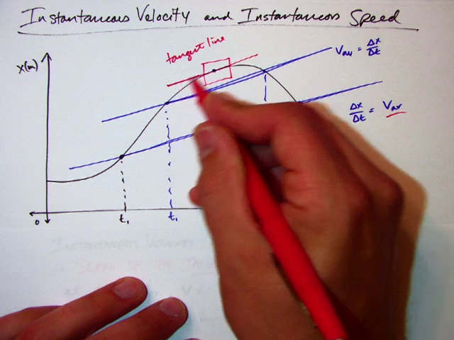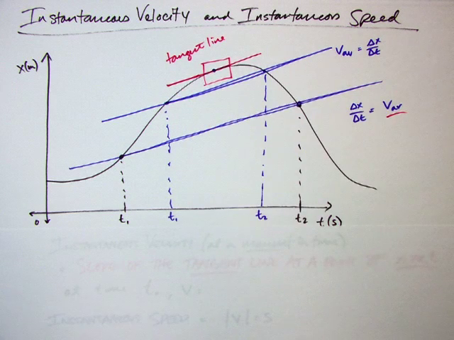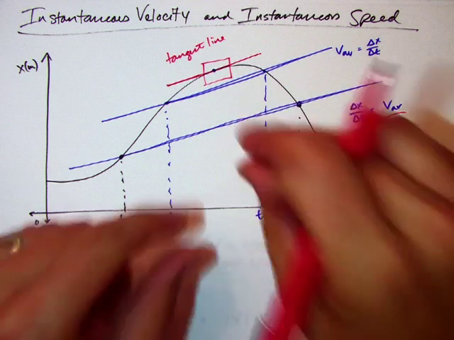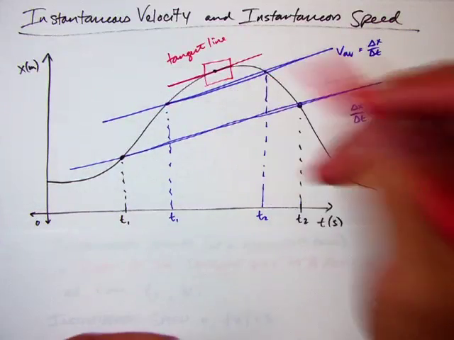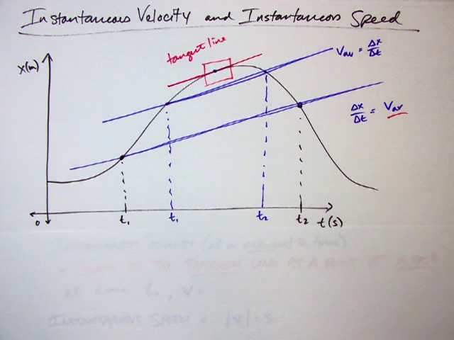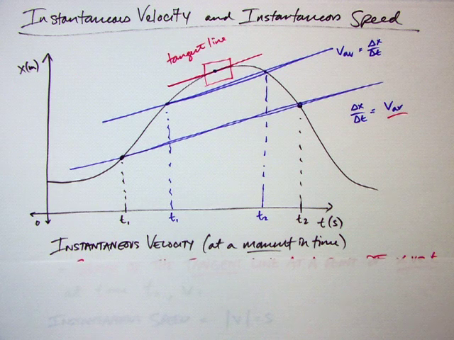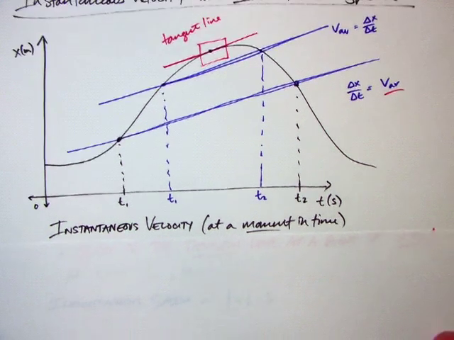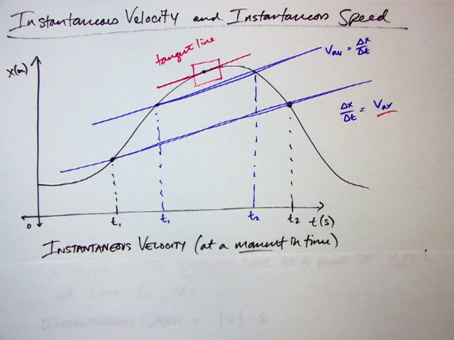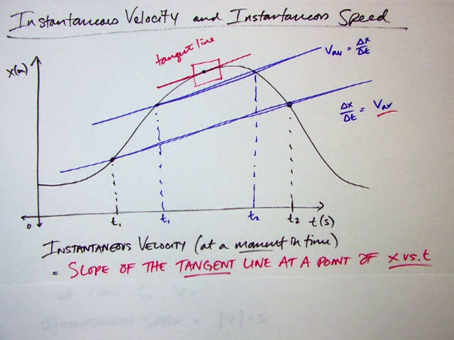It would look like a line that just touches the curve, but if you zoom this in right on that spot, it would look like a straight line. So this is how we find the instantaneous velocity of an object that's moving. It's the slope of the tangent line at any point of the x versus t graph.